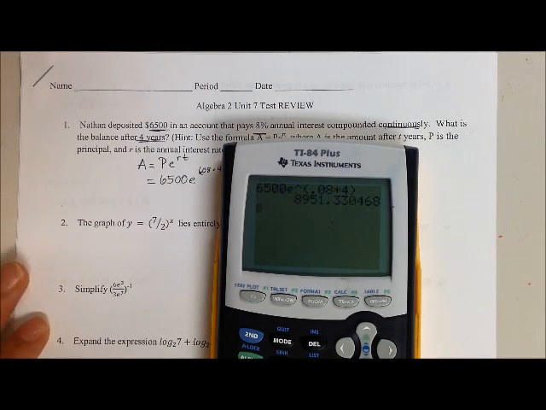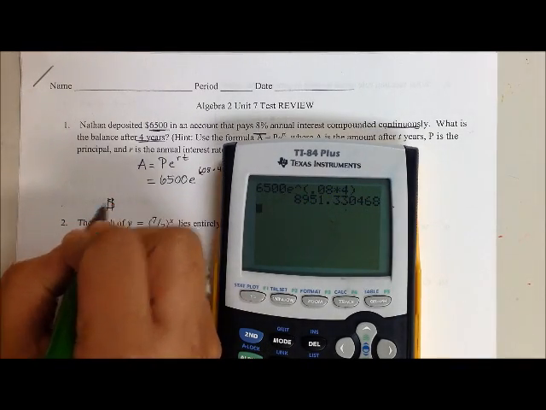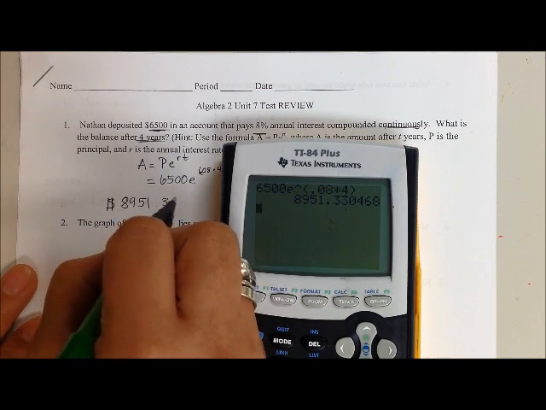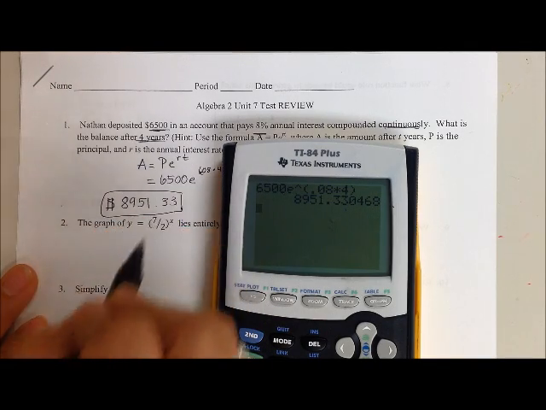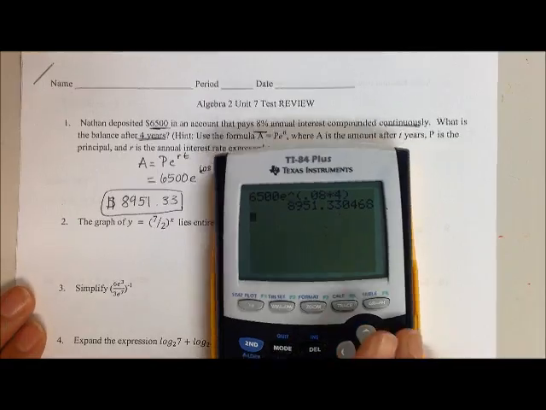And remember, since we're talking about money, you would have to write two numbers after the decimal. So $8,951.33. That right there would be how much money he would get after 4 years.